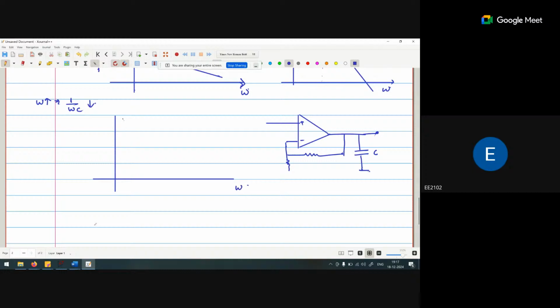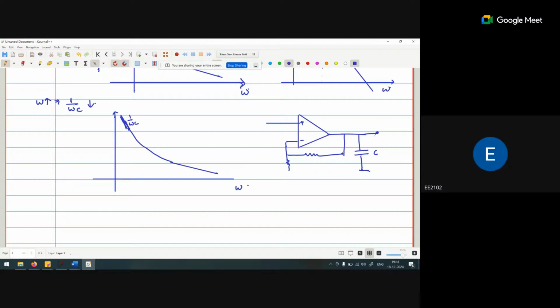The effect of one capacitor is that when I increase the frequency, 1 upon omega c, if this is a capacitor, so 1 over omega c. Okay, but what about the amplifier?